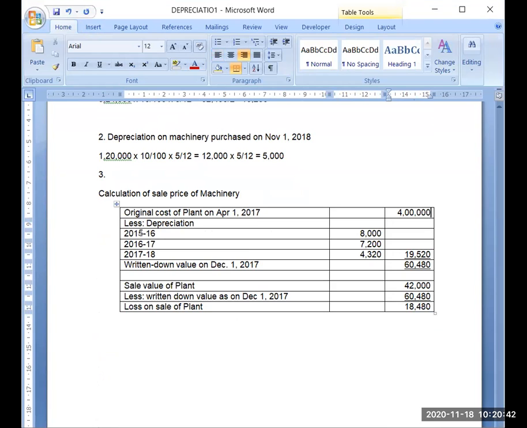Then depreciation charge in 17-18, 18-19 and 19-20. So first year depreciation was 40,000. Second year depreciation was 36,000.